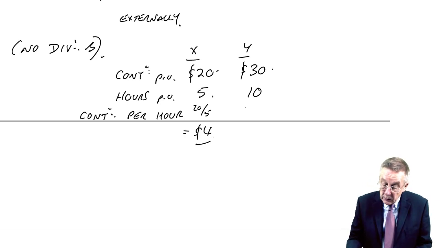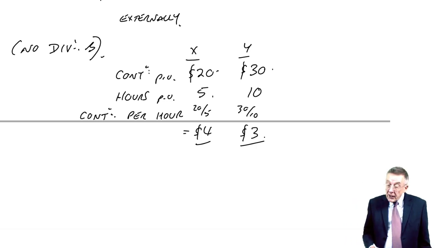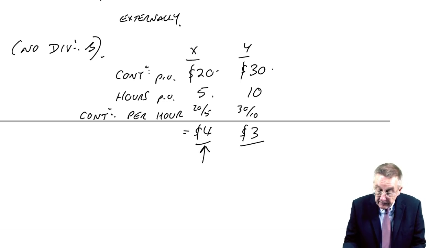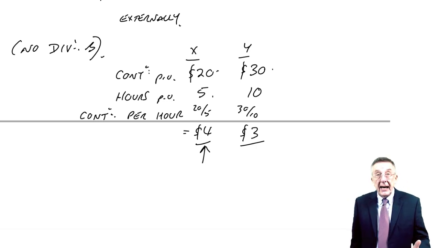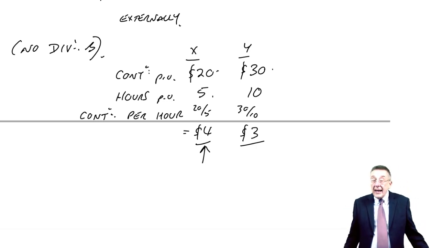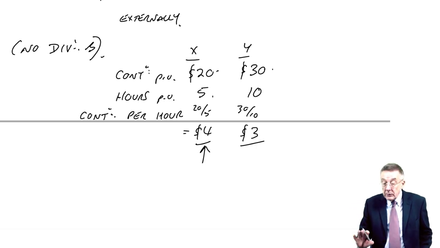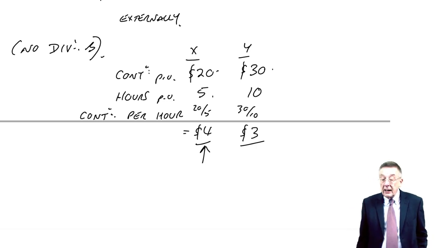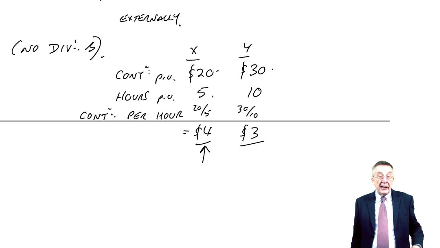Every hour spent making Y's, 10 hours to make 30, makes $3. And so X is the best use for our limited hours. There's a limit on how many hours, so a limit on how many we can produce. Because the demand's unlimited, if there was no Division B, we'd prefer to make simply product X, sell them externally, and generate $4 per hour.